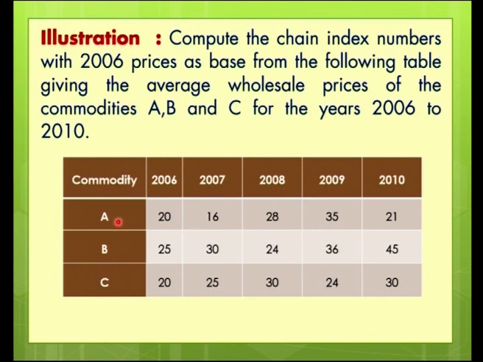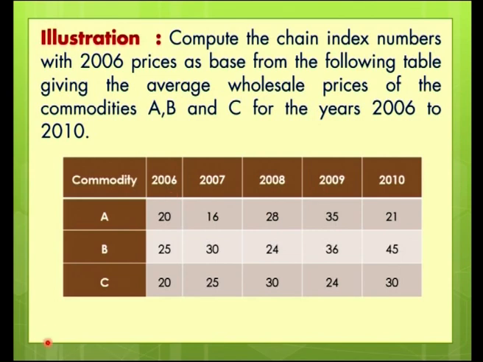So, the price of each commodity has been given for the various years. Rupees 20 is the price of commodity A in the year 2006, and 2006 has been taken as the base year, and you have to calculate the chain based index numbers.